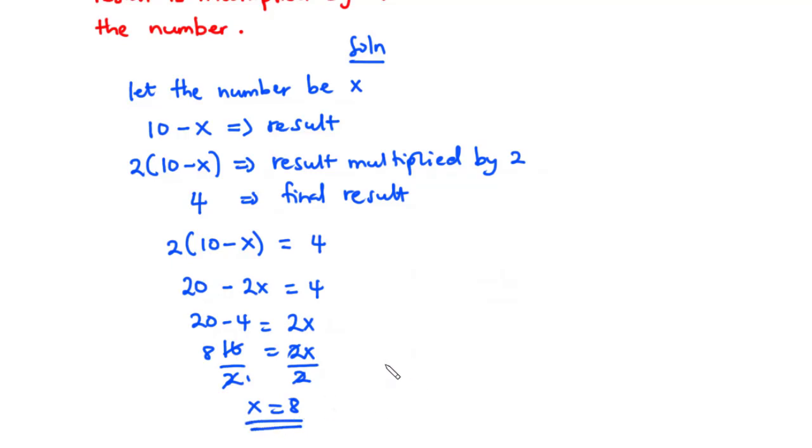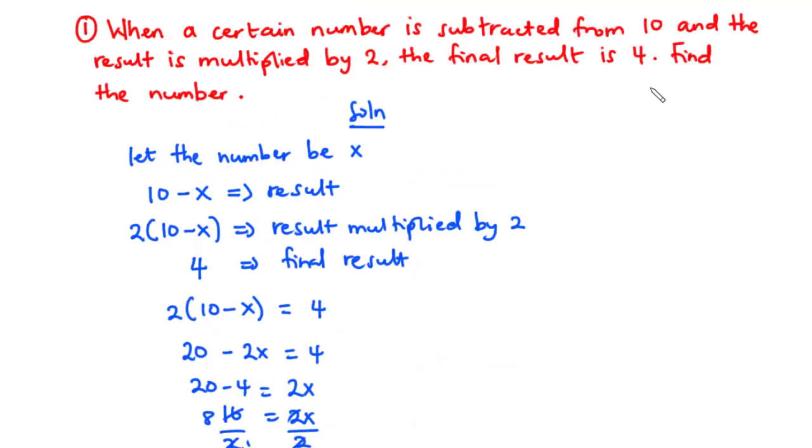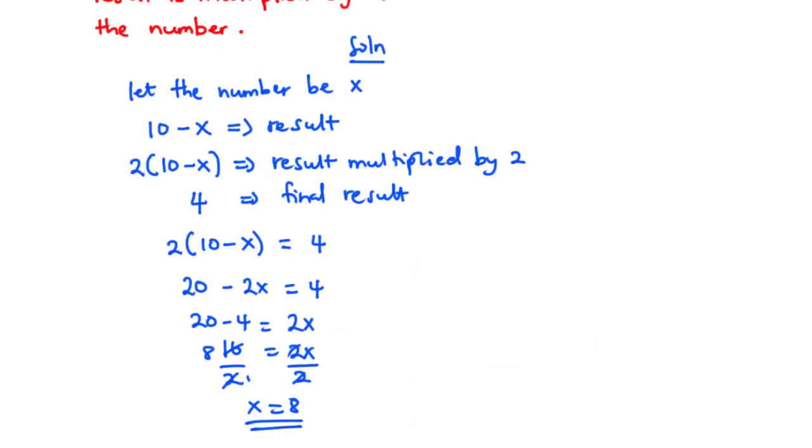So the value of x is 8. Now we are asked to find the number which we represented by x. So we say that therefore the number is 8. So basically, this is how to solve word problems involving linear equations.